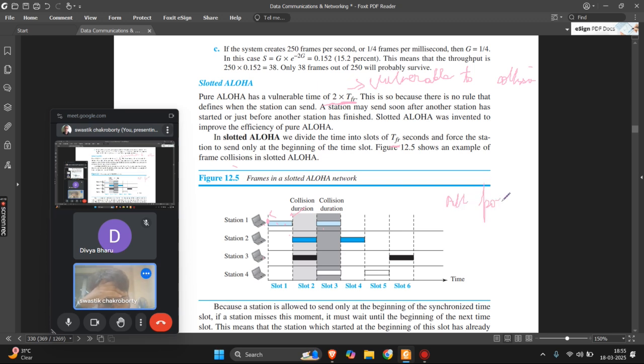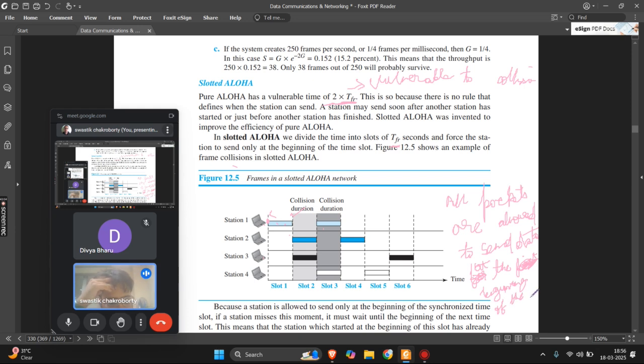All packets are allowed to send data at the beginning of the time slot.